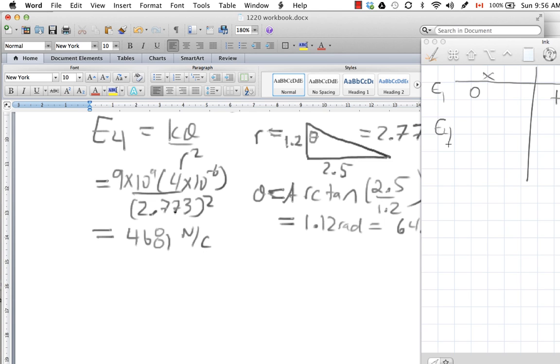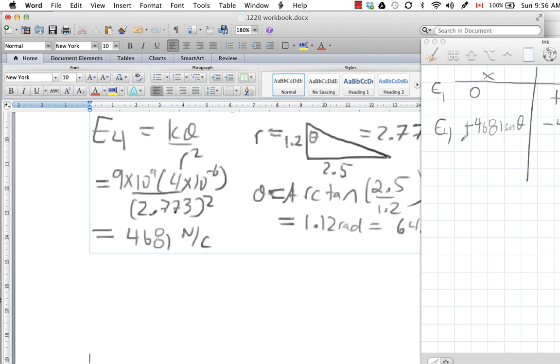For the field of the 4, with this defined as theta, the x component is going to be positive 4681 sine theta. And the y component is going to be a negative cos theta component.